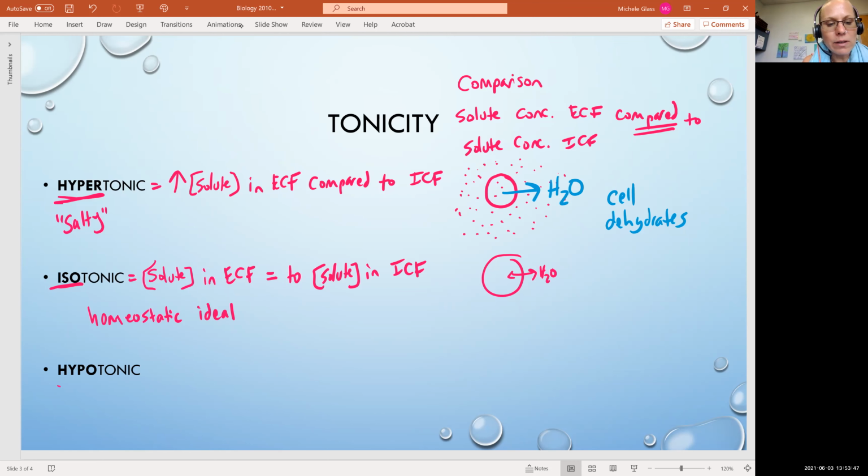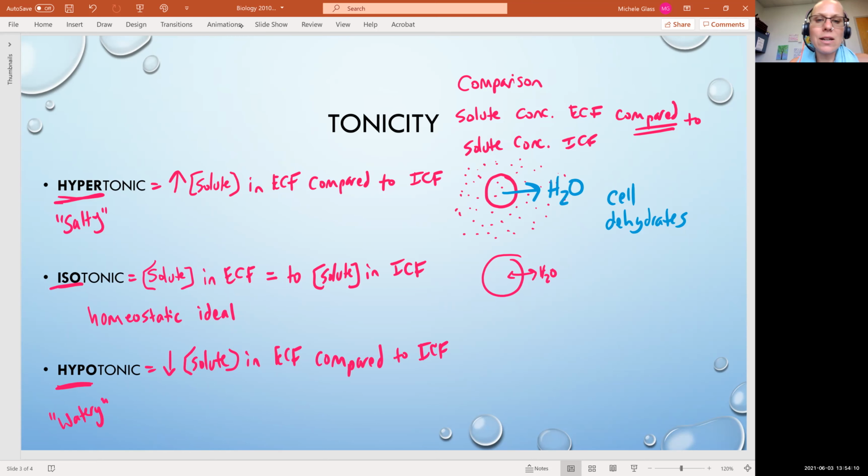Hypotonic I have listed below because that prefix hypo means below. So hypotonic is a low solute concentration in the ECF compared, of course, to the ICF. So here you can think about a hypotonic solution as an extracellular fluid that's like watery. There's not enough solute.